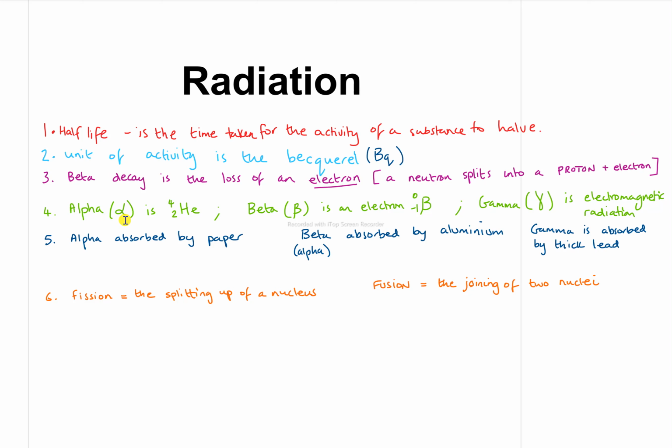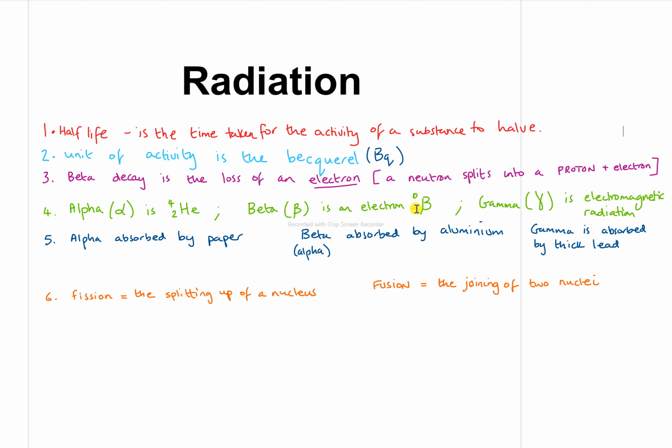Right, alpha radiation is a helium atom, basically the helium nucleus. Beta is an electron, and it'll come in this symbol. Zero mass, or so small, negligible, that they ignore it.